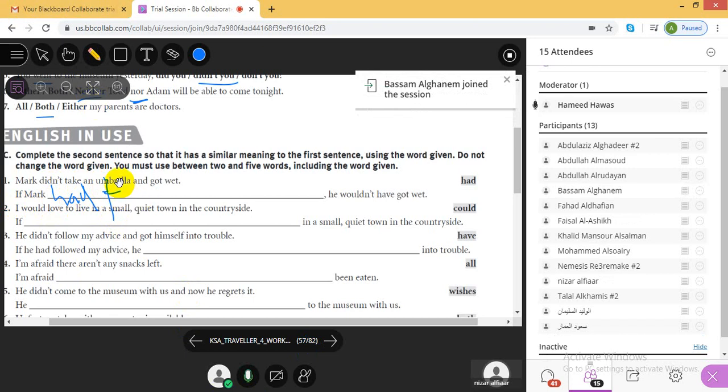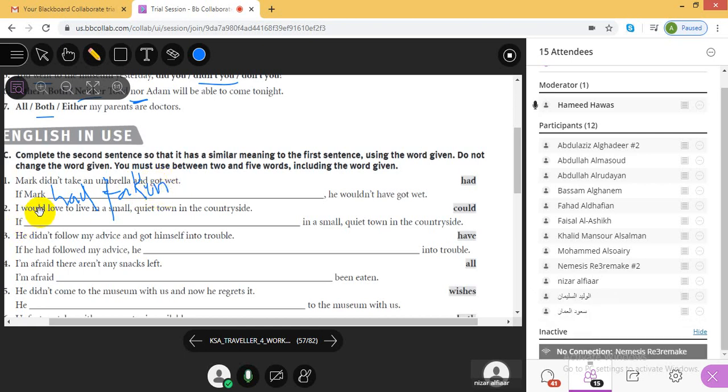Forgive me for my bad handwriting, I'm writing with the mouse, as I told you many times. I think you get bored of my talking. But the situation is that he didn't, right?